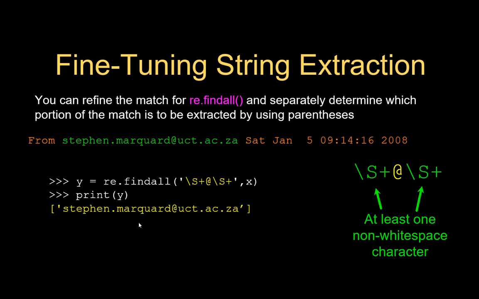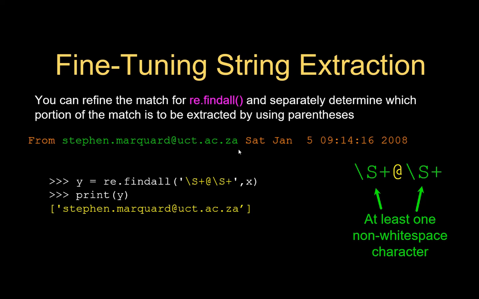Then after the @, we have at least one non-white space character, and that's the minimum, or it can go to as many as it wants. So in this case, because our email address has a space at the beginning and at the end, that's how it is separated from the rest of the line.